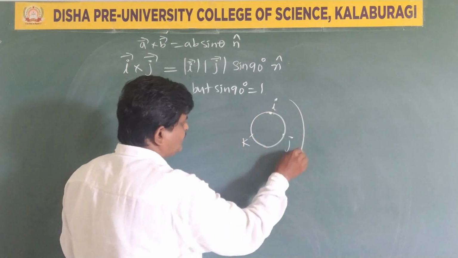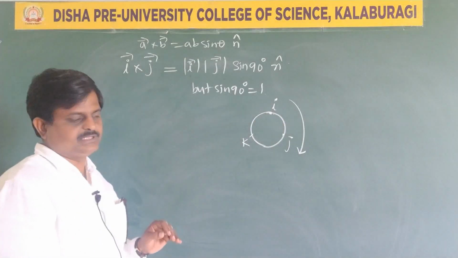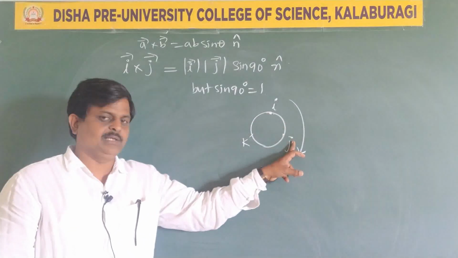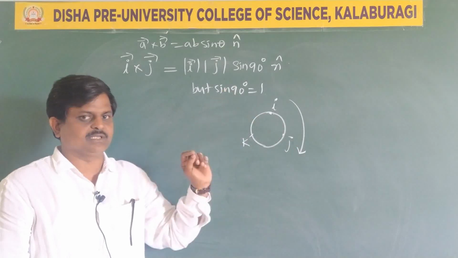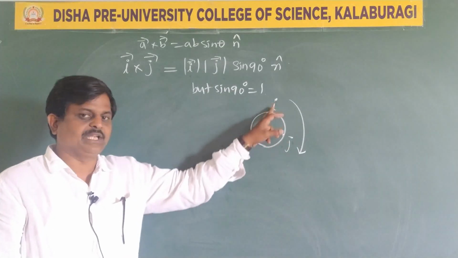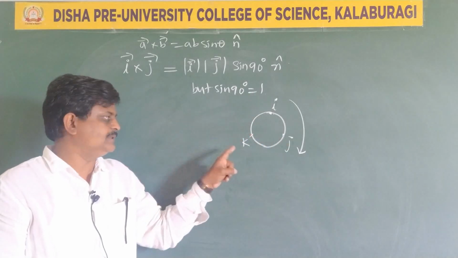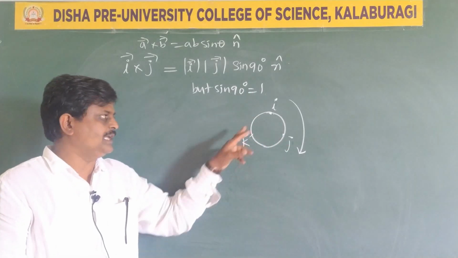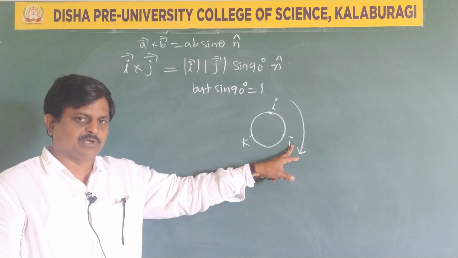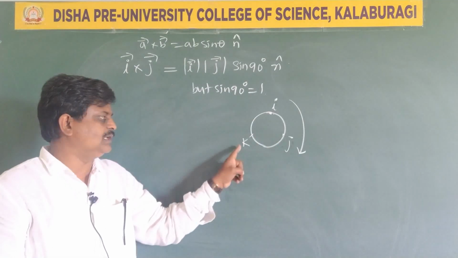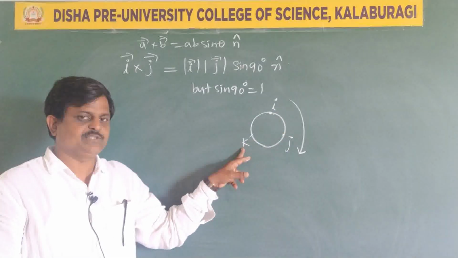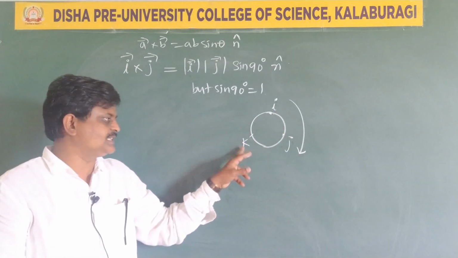See, if you are moving in the clockwise direction, when you operate I cross j, the effect of the product can be seen perpendicular to these two, that is z, that is k. When you operate I cross j, your product, that is the resultant, will be along k. I cross j gives you one more vector which is perpendicular to these two, that is k.